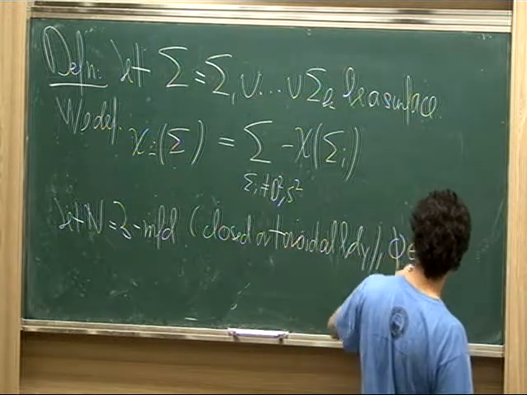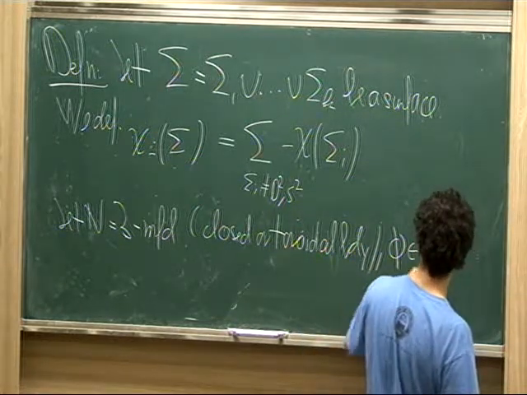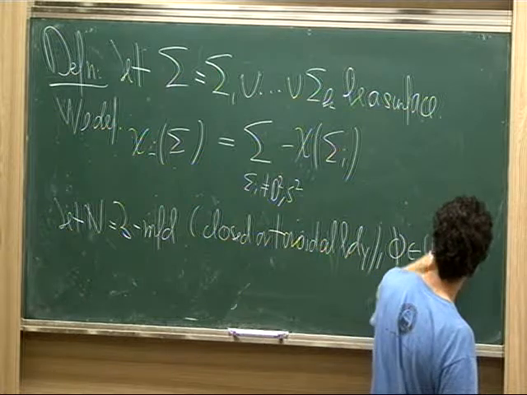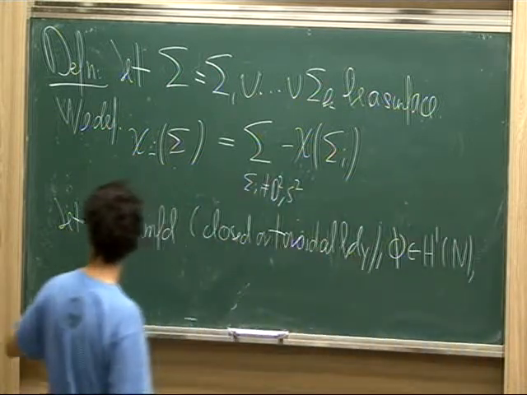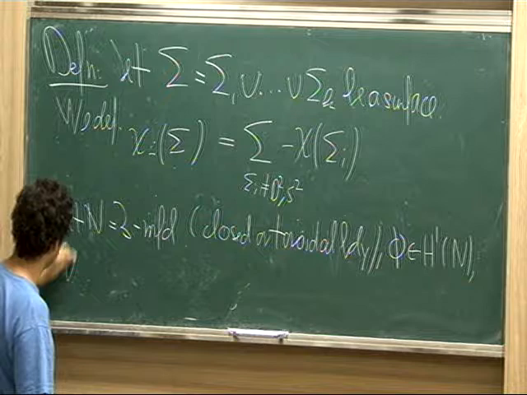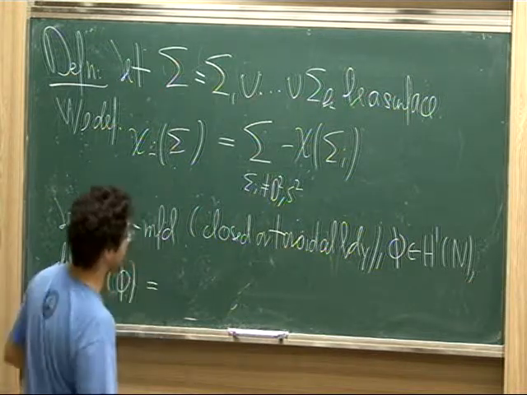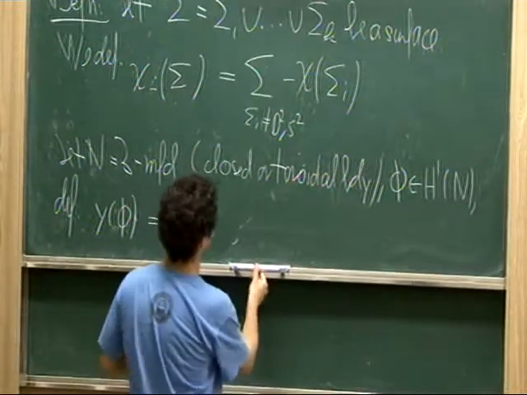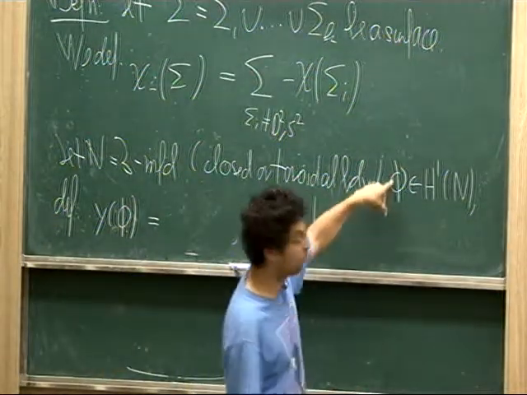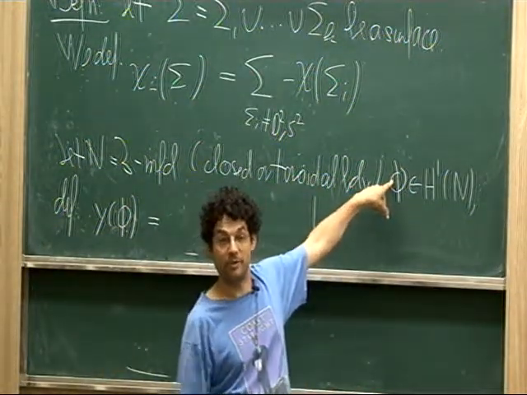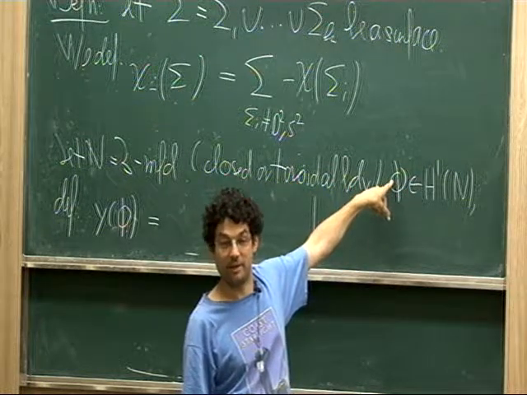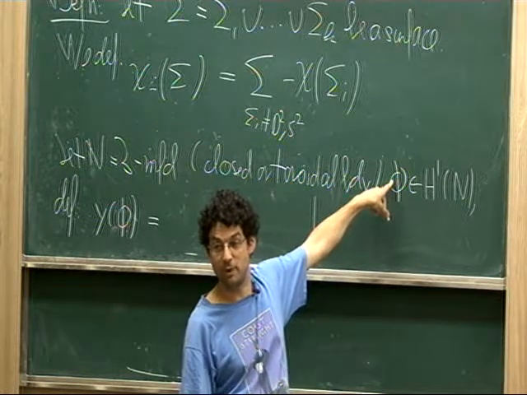And let's say we have a class phi in H^1 of N, and then we can define what I call y of phi. So what is it supposed to be? Phi, by Poincare duality, is the same as an element in H_2 of N relative boundary.